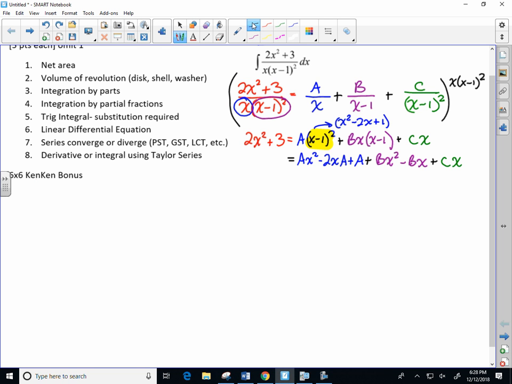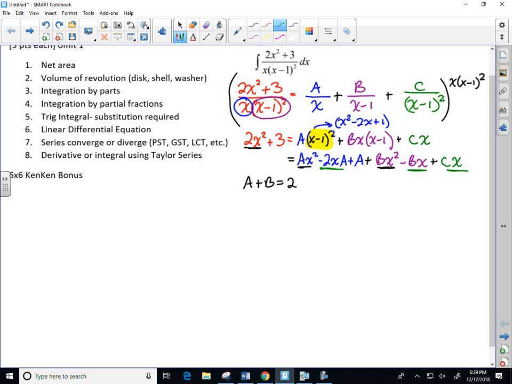All right. So I have Ax squared and Bx squared that somehow have to add to 2x squared, which means the A and B values have to add to equal 2. There is no x term on the left-hand side, which means anything that has an x in it would have to add to 0.